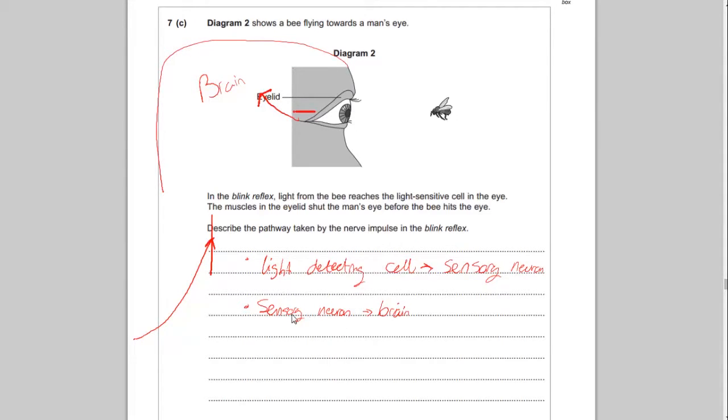From the brain, it will then go to the motor neuron, and then motor neuron to the effector cells.